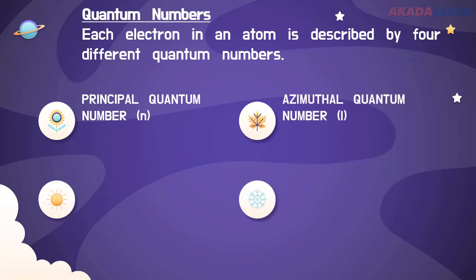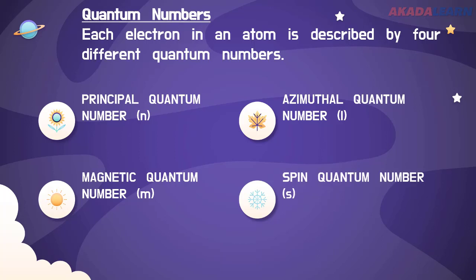The next one is the azimuthal quantum number, also called the subsidiary quantum number. It is usually represented by small letter L. The next one is the magnetic quantum number, which is usually represented by small letter m. And then we have the spin quantum number, which is represented by small letter s.